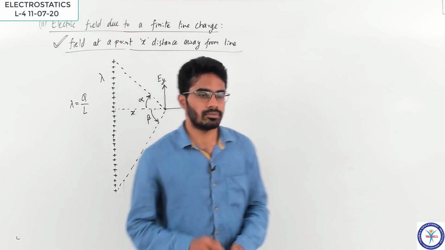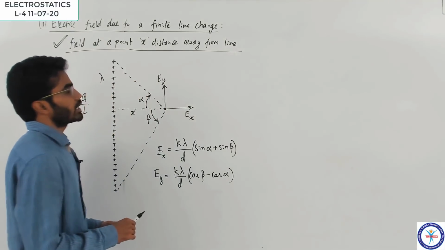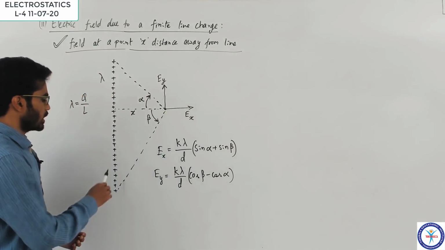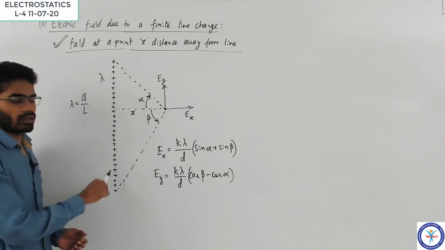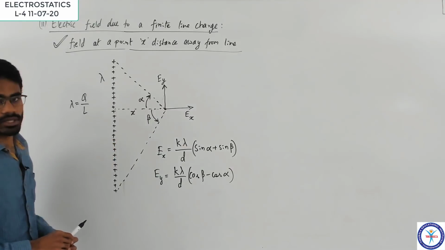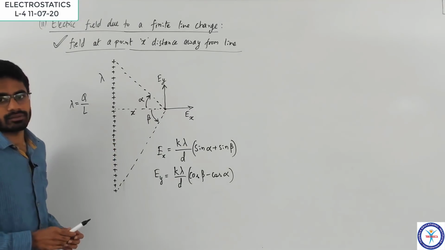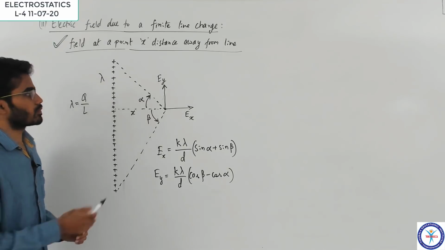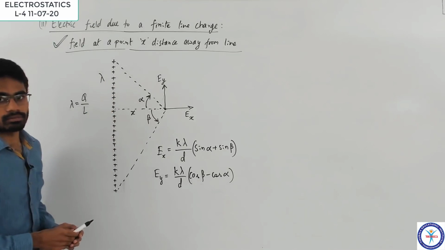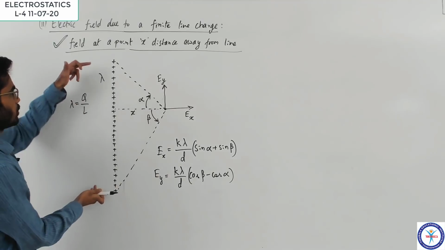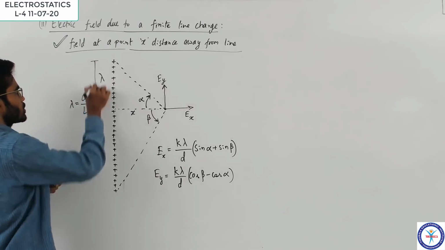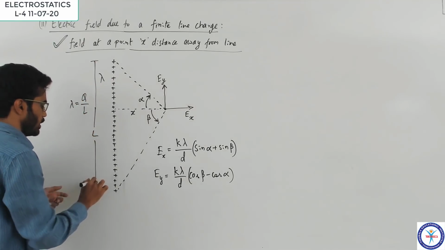Next one is the field due to a line charge. So there is a finite arrangement of charges, positive or negative. We are considering the positive charge, and it is along a straight line, and it is finite. It may be of certain length L. It is finite.